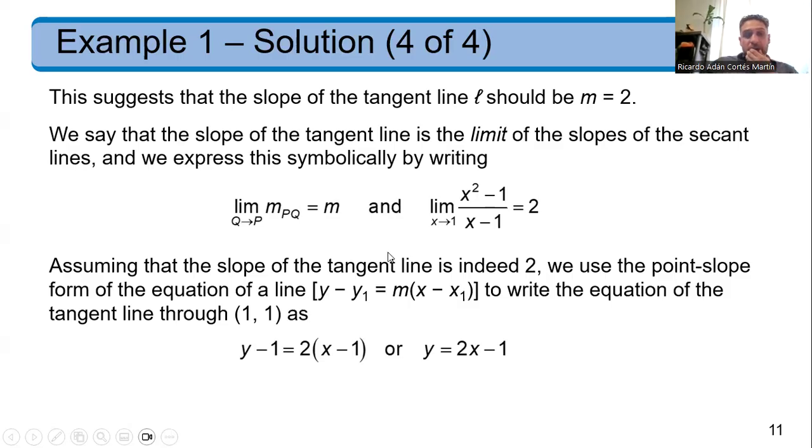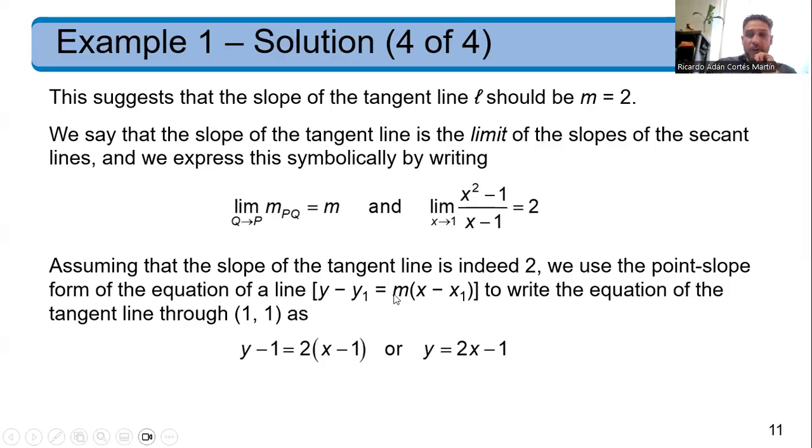So now if we wish to get the slope of the tangent, well, it turns out that it is 2. So by using the point slope equation of a line, if you recall from analytic geometry, the formula is this, okay?